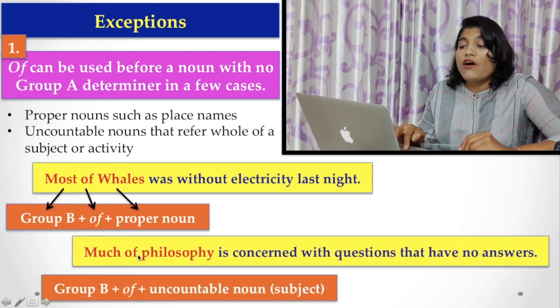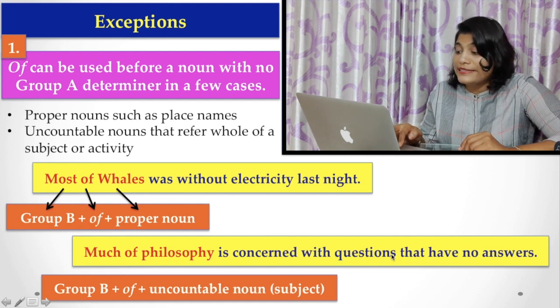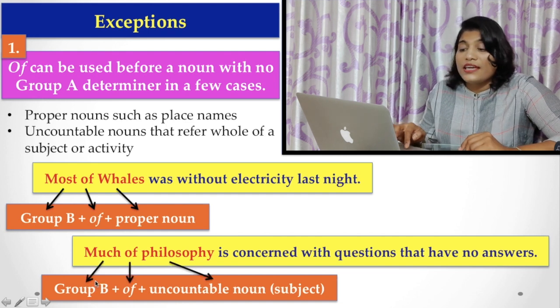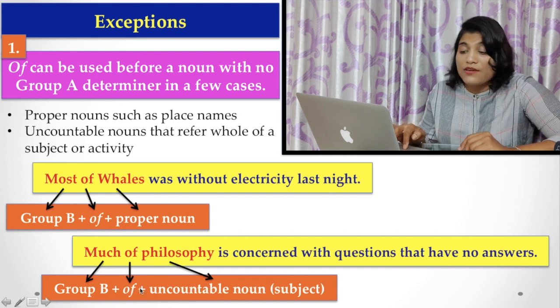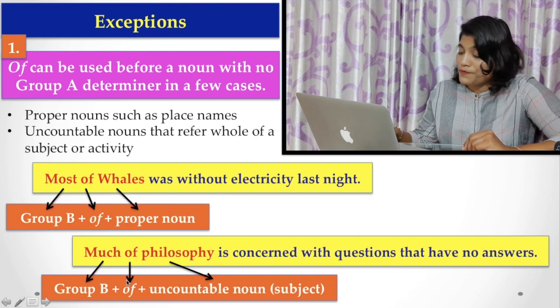Similarly, "much of philosophy is concerned with questions that have no answers." Here also, much is a group B determiner, and philosophy is an uncountable noun that refers to a subject, and in between them you have to put an "of". So these are the exceptional rules.